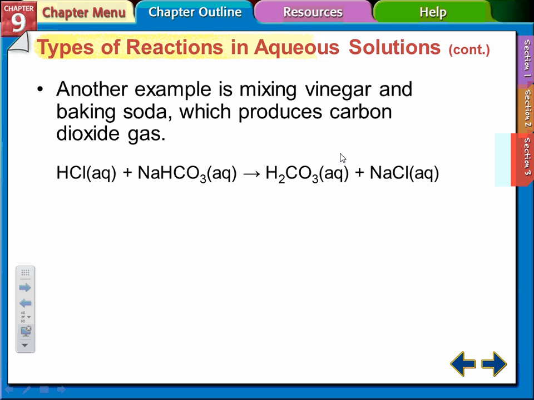Baking soda and vinegar, you can do this at home if you want. Maybe we'll do it in class as a demo, but it produces carbon dioxide. The acid in the vinegar reacts with the baking soda. Sodium bicarbonate is what they call this molecule. That's what's in the baking soda.